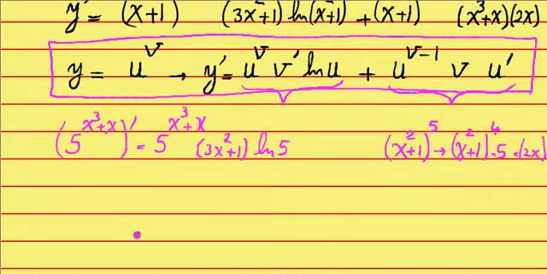Let's go ahead and refresh our memories on those two formulas we saw at the beginning of the hour. If I had b raised to the power of something, say v, and I wanted to differentiate that, and v here is taken to mean some function of x, b is taken to mean some constant, this is how I would have differentiated that: b to the power of v, v prime, and then logarithm of b.